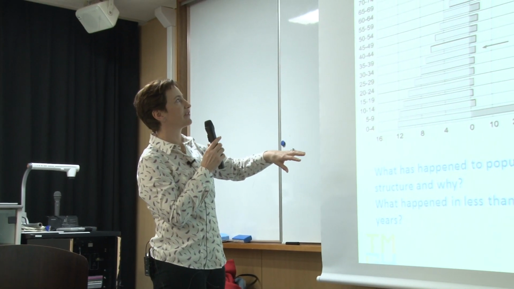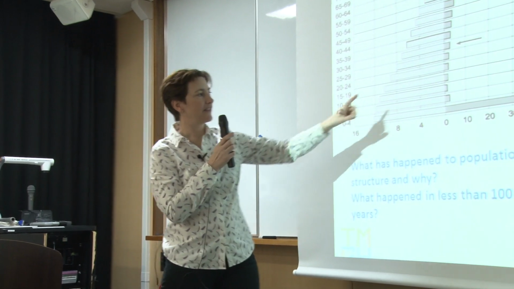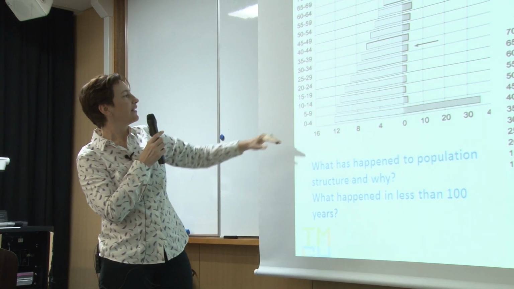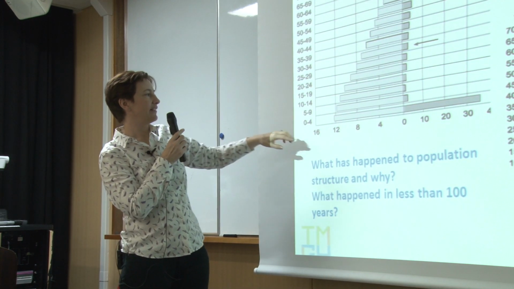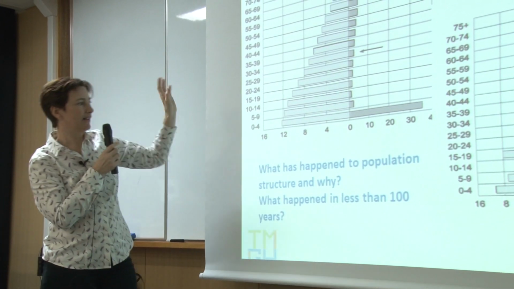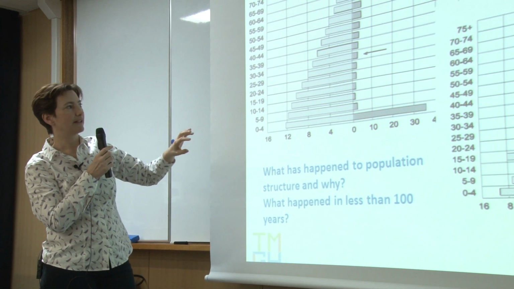So you've got the population of England and Wales showing, this side is births, and this side in grey is deaths. And these are the age groups. So these are the number of births and number of deaths per 100,000 population or something.